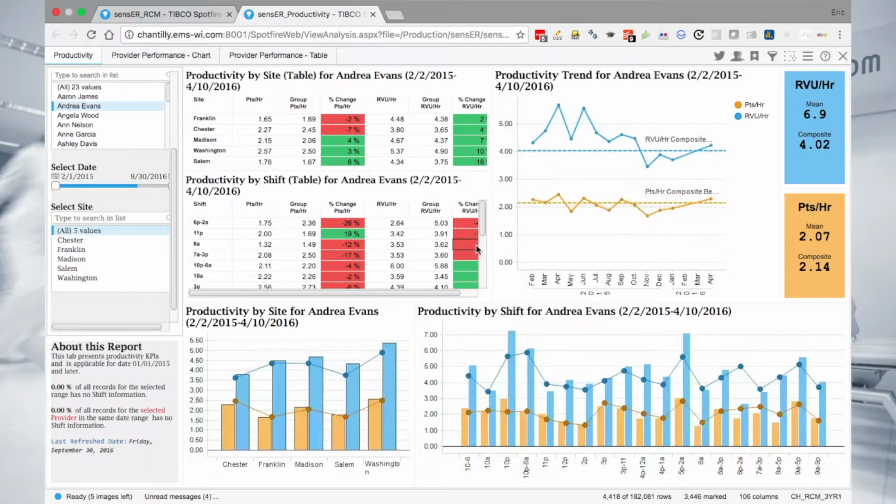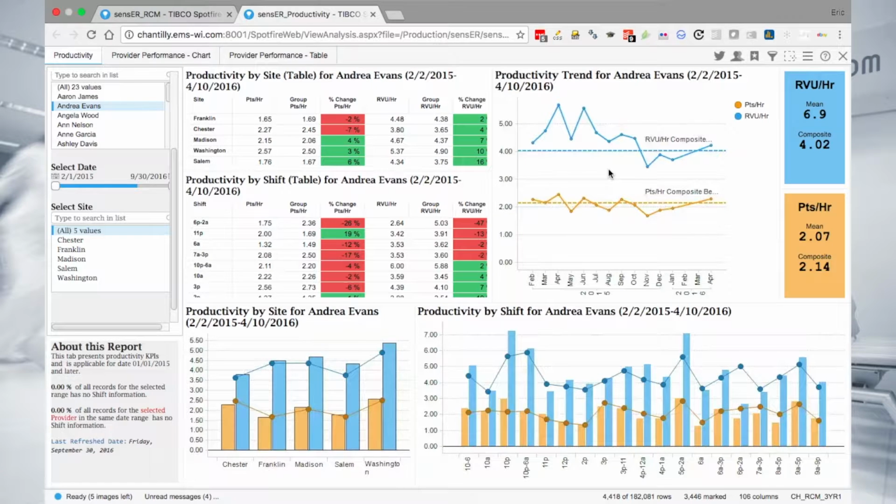Really, the core of the screen as far as the providers are concerned are the top left charts that we see here. We've developed a composite score in order to accurately measure both patients per hour and RVU per hour performance. Here's a problem that this metric is designed to address.